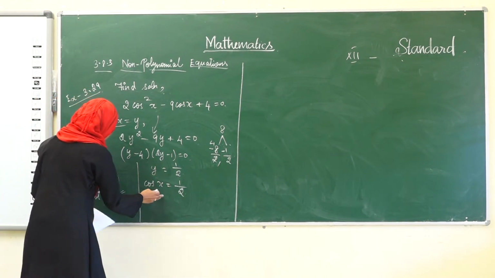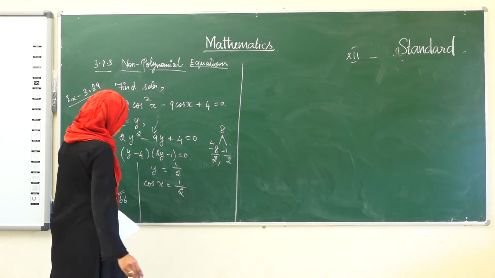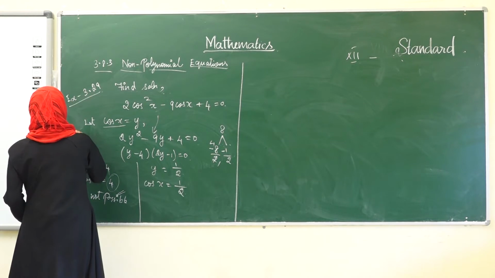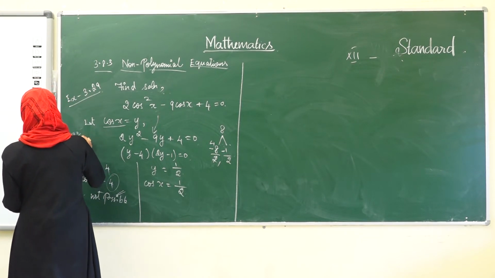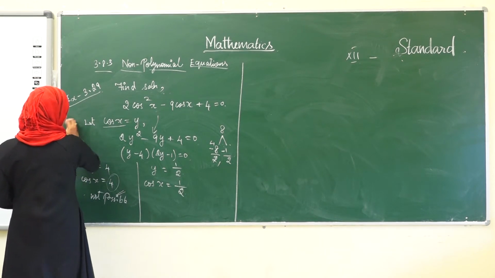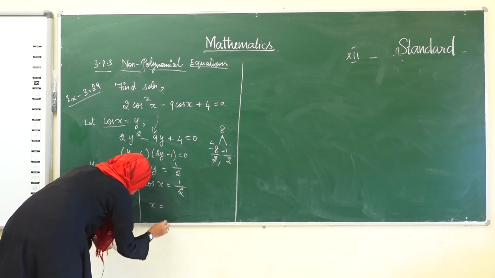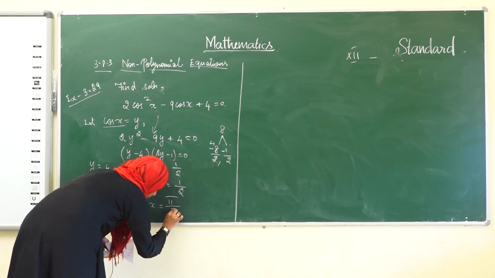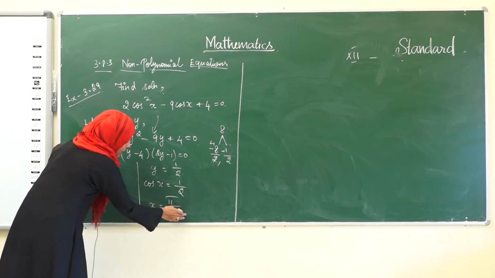Now let us come here, cos x is equal to 1 by 2. That is cos 60 degree, right? Therefore x is equal to pi by 3. What is pi? Pi's value is 180. 180 by 3 will be 60 degree, right?